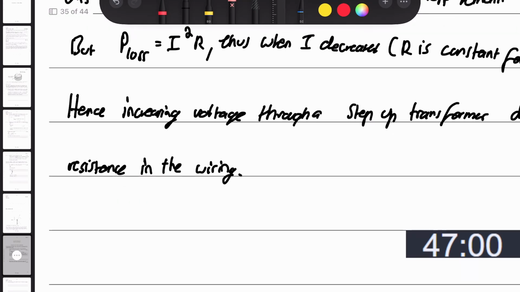Now the other one is P equals V squared over R, but I'm pretty sure this is actually secretly delta V squared.